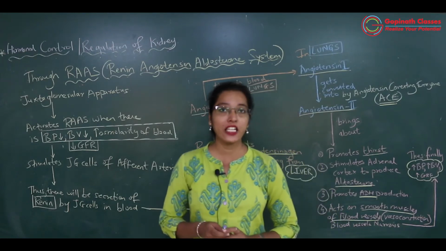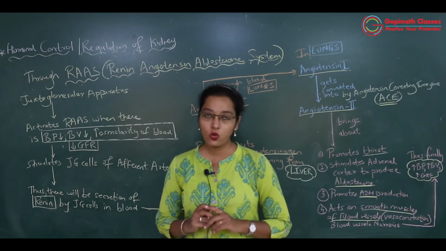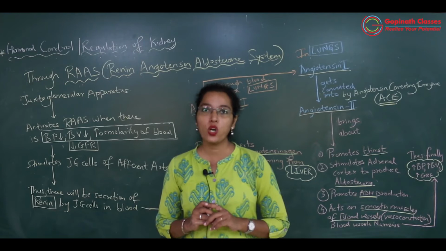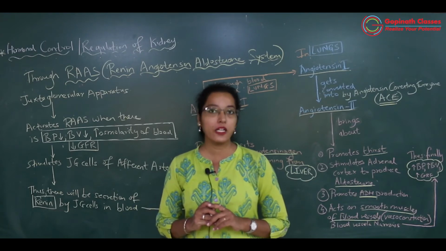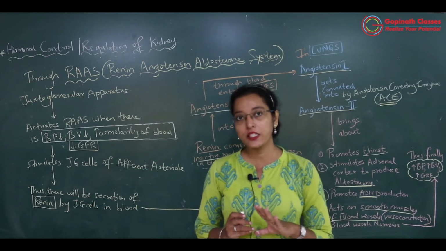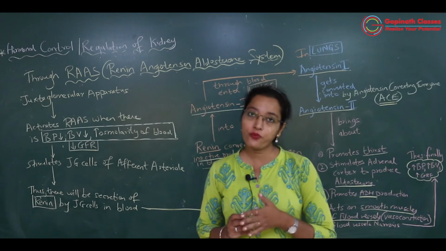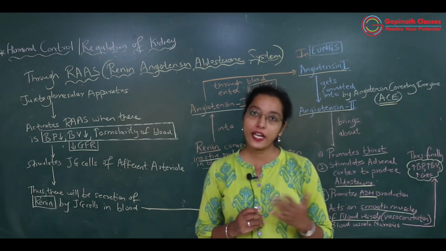ADH is what? Antidiuretic hormone, which is also known as vasopressin, because it is also involved in constriction of the blood vessels. Antidiuretic hormone, that is vasopressin, brings about vasoconstriction, wherein ANF brings about vasodilation.